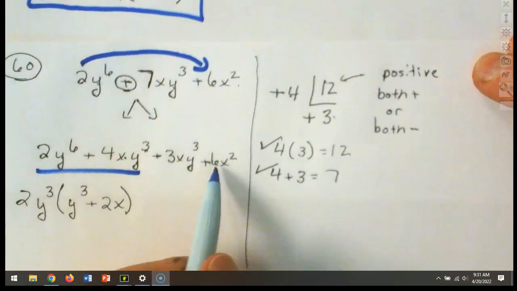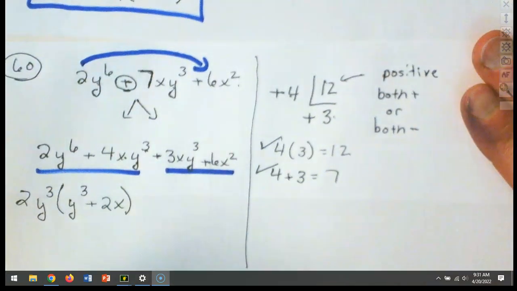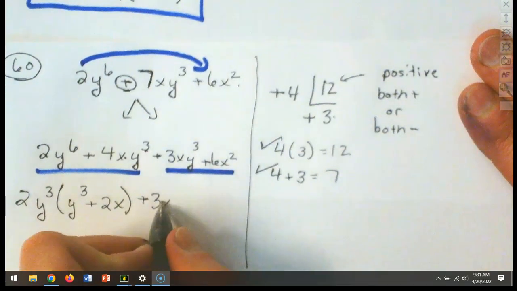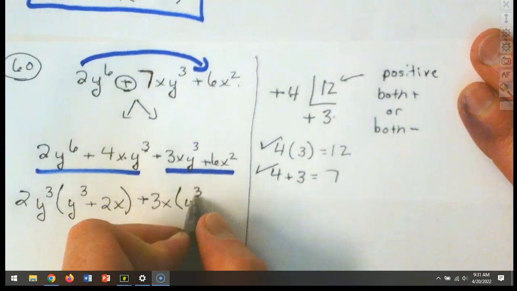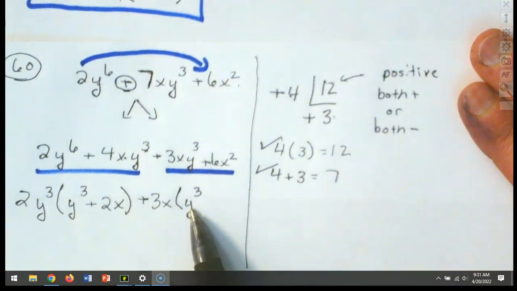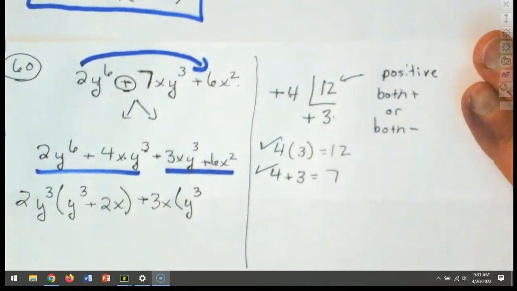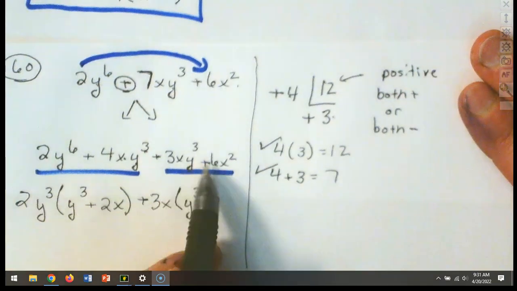We'll take a break after this question. Let's do the next two pieces. Okay. Looks like we need to take out a 3 and an x. So 3x comes out. That leaves you with the y cubed. Now we know we're doing it correctly. Why? Because they're already matching up. Those had better match up. If they do not match up, you made a mistake. Can't emphasize that enough. 6 divided by 3 is a 2, so numbers match.